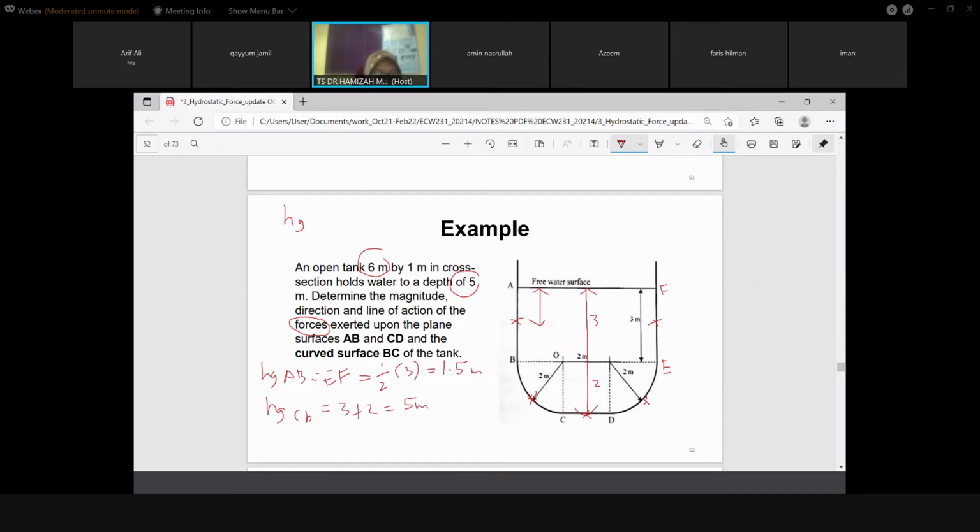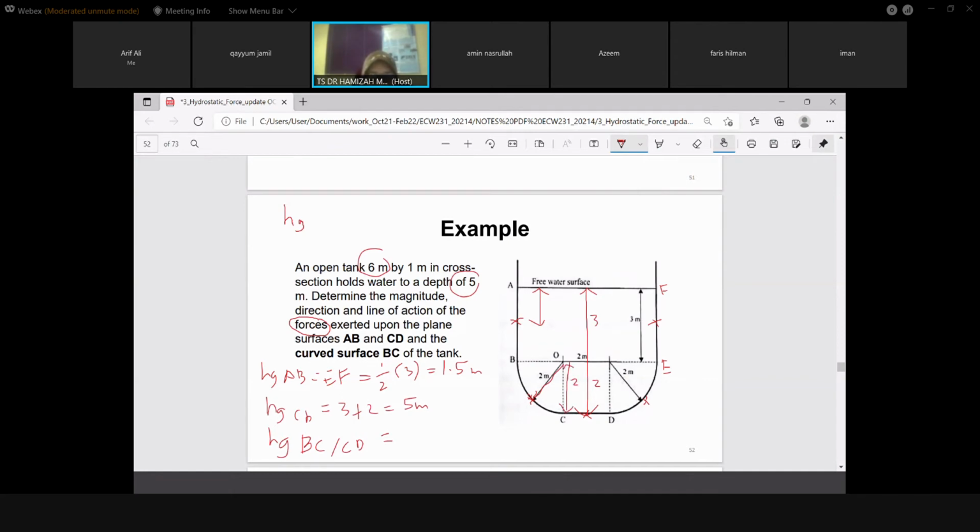Okay, lastly, we calculate Hg for BC. You cannot measure 2 kat sini, tak boleh sebab dia bukan vertical height. So, kita kena consider the vertical height, which is sama juga 2.